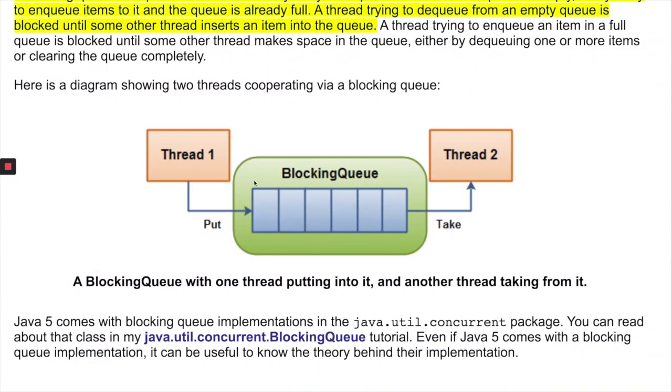Let's say this is a queue, one thread is responsible for putting some tasks, and another thread is responsible for taking those tasks. If there is a difference in this number, for example, when thread 2 is taking a task and there is no task available in this blocking queue, it might get an exception, right?